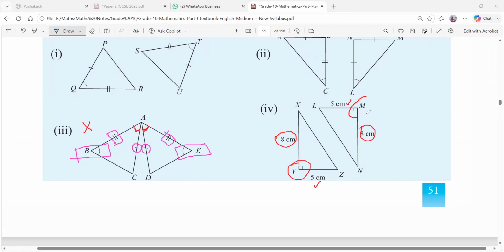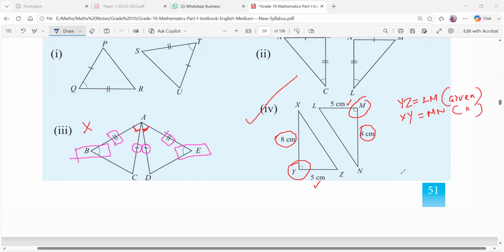Now, this is congruent. YZ equals LM, given as 5 centimeters. XY equals MN, 8 centimeters, also given.